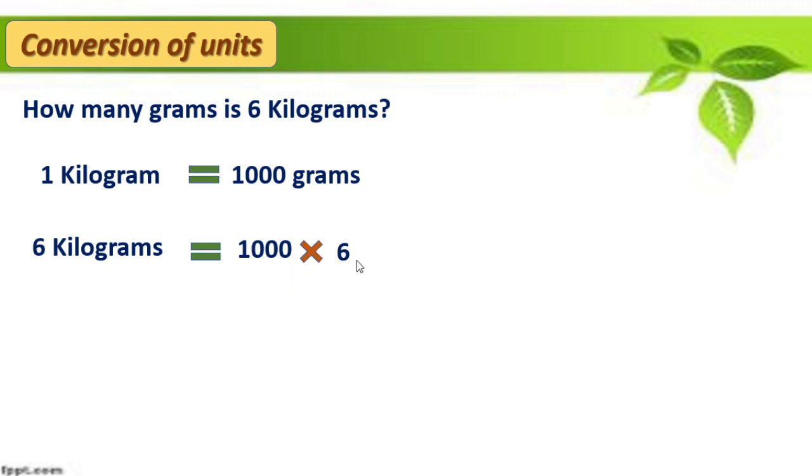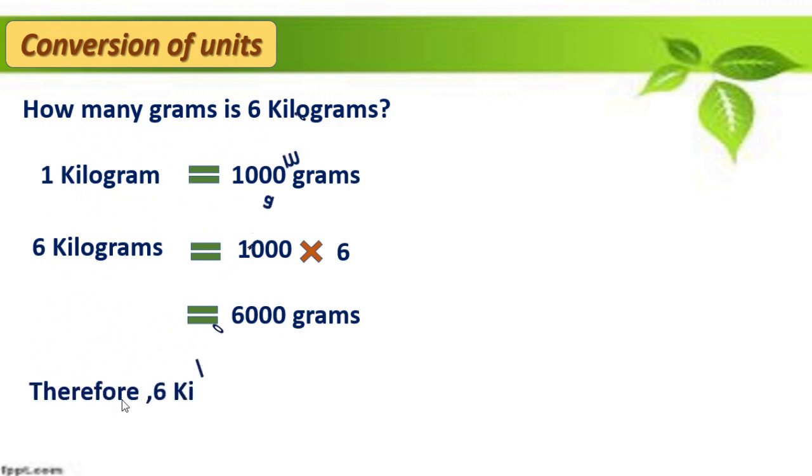So 1000 multiplied by 6 is nothing but 6,000 grams. Right? Okay, now we will write here. Therefore, 6 kilograms is equal to 6,000 grams.